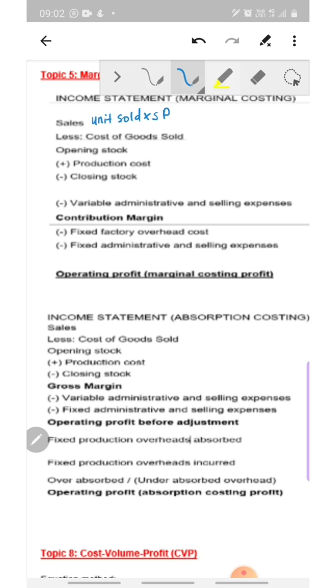If you refer to your step number 2 just now, closing stock we don't have any amount, and opening stock we don't have an amount for 2018. For production cost, the production units are given in the question. When we want to include it inside the income statement, we have to convert it to RM, so we times it with the product cost, marginal costing. Similarly with closing stock, the units you times with product cost.